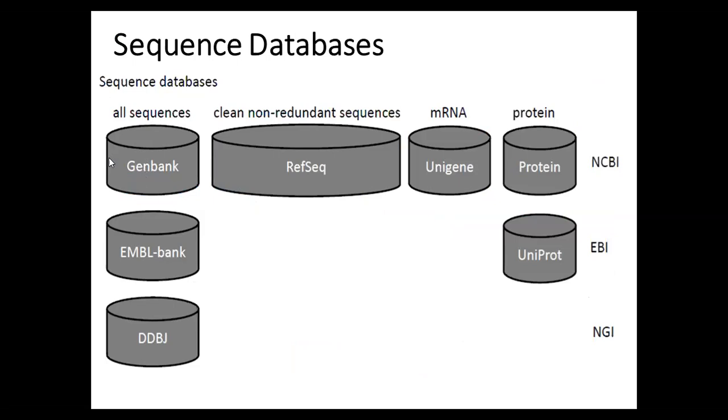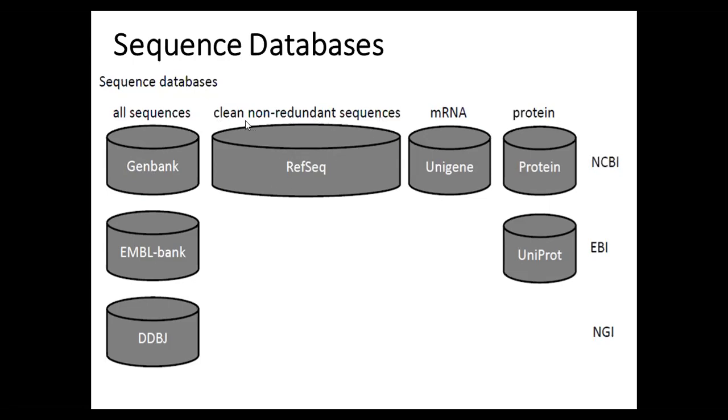Once an experimental biologist finds a sequence, he would upload it into GenBank, EMBL Bank or DDBJ, hosted by three organizations in three countries: Japan, the UK and the USA. NCBI has the all-sequence database GenBank, and clean non-redundant sequences in RefSeq.